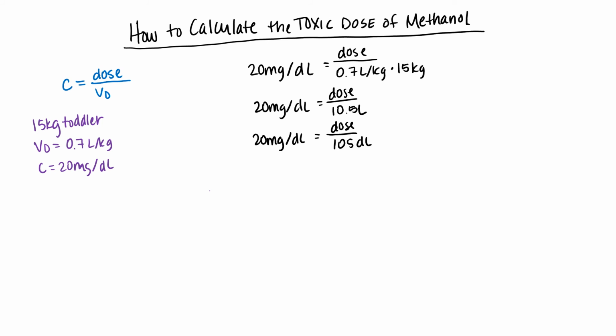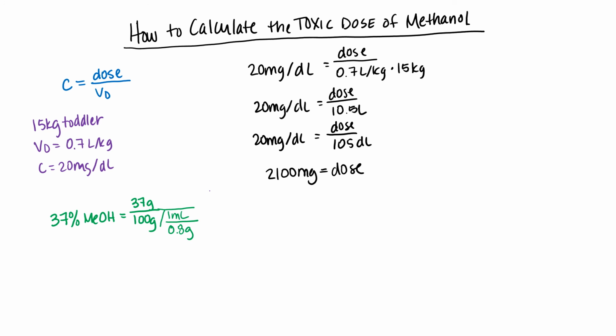So now we need to figure out how many mLs that would be. Most windshield washer fluids and methanol-containing compounds have a concentration close to about 37% methanol. 37% methanol means that for every 100 grams of the product, it would have 37 grams of methanol.